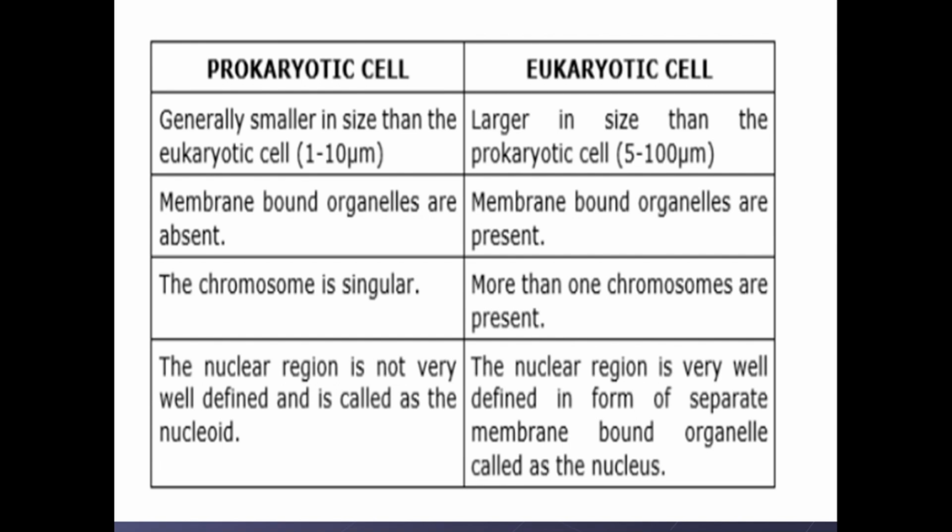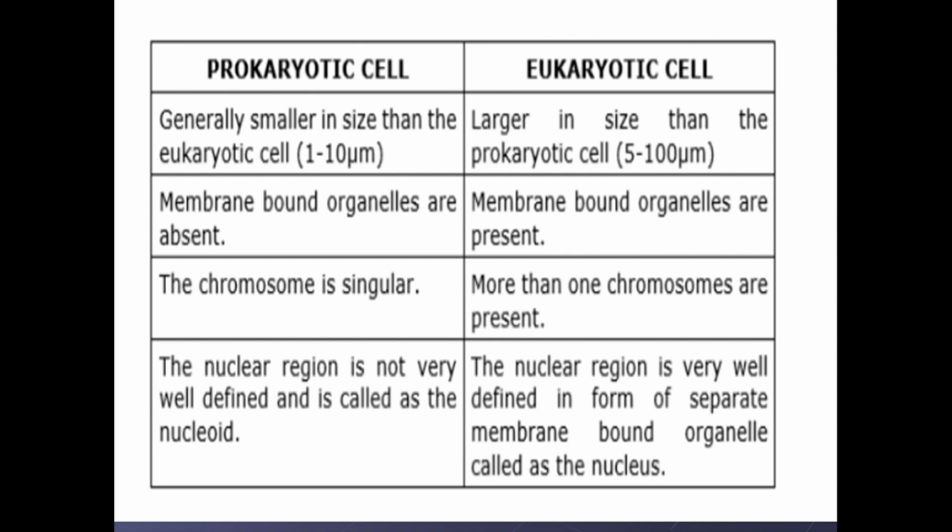Prokaryotic cells are generally smaller in size than eukaryotic cells. That is, the size of a prokaryotic cell is about 1 to 10 micrometers. The size of a eukaryotic cell is about 5 to 100 micrometers.